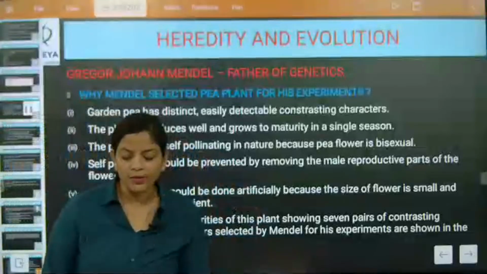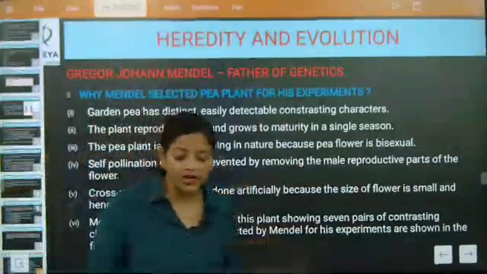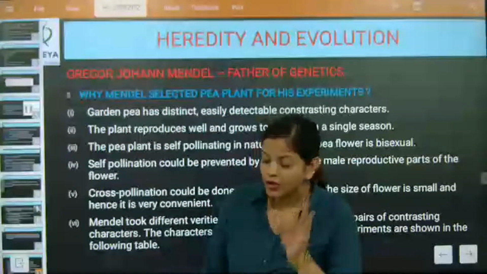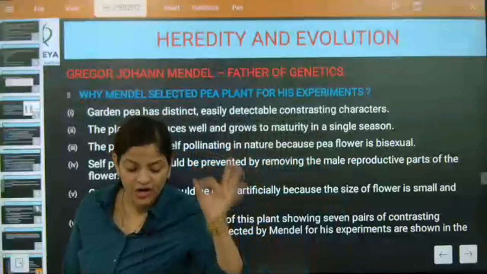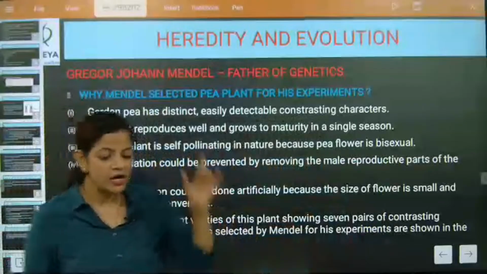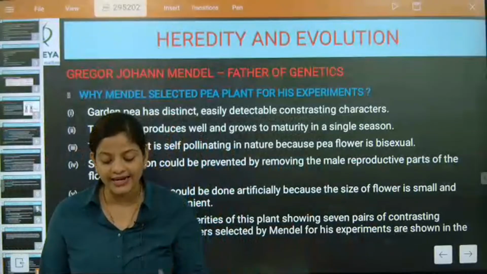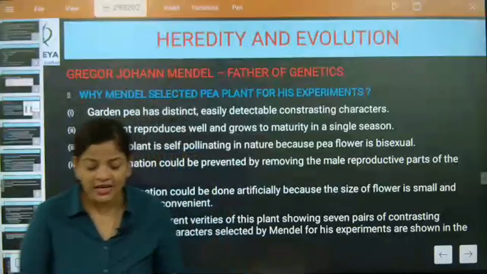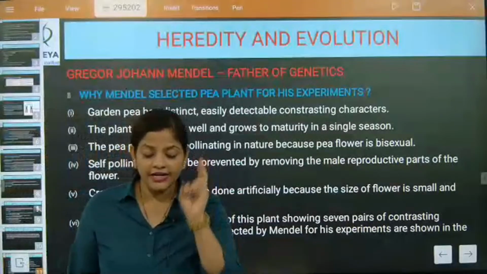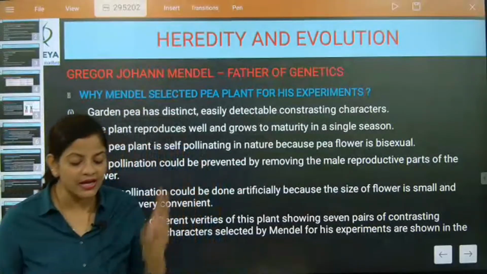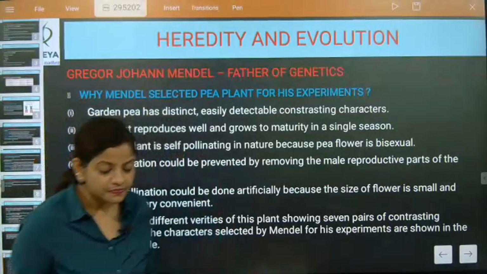The most important point: from now onwards, whenever you are writing the science exam, you will write the first point first, the second point second. First is distinct, easily detectable contrasting characters. Understood? Easily detectable means you can catch it out.